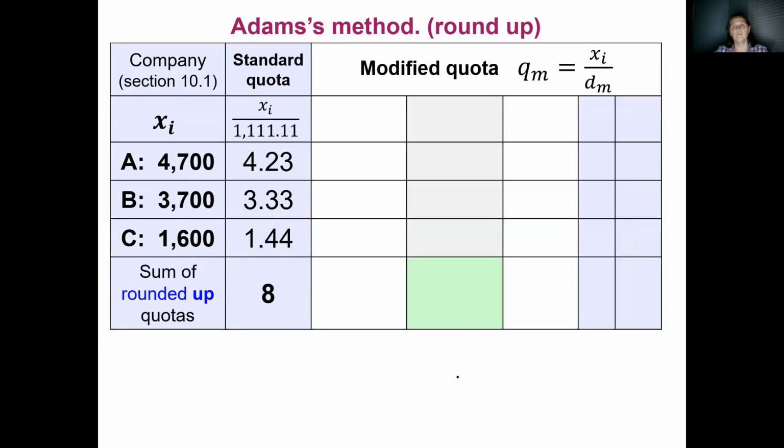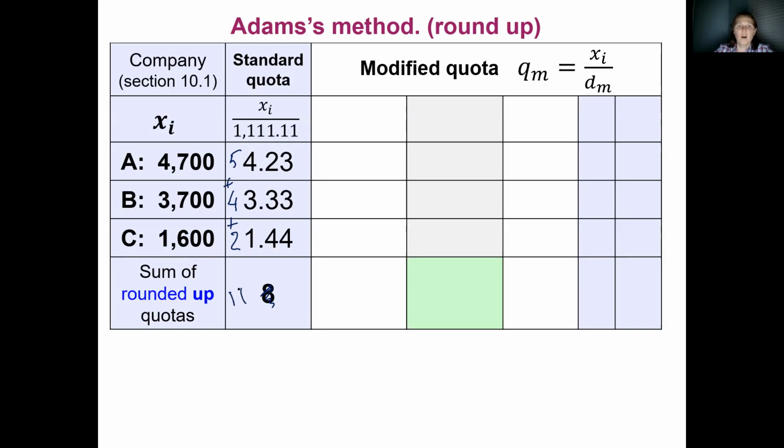Adams method is all the same, but we round up. So if we start with the standard quota and round the sum up, it will be 5 plus 4 plus 2, which is 11.